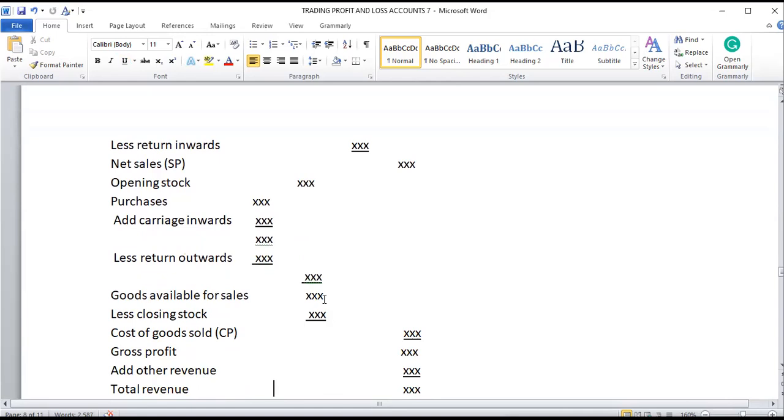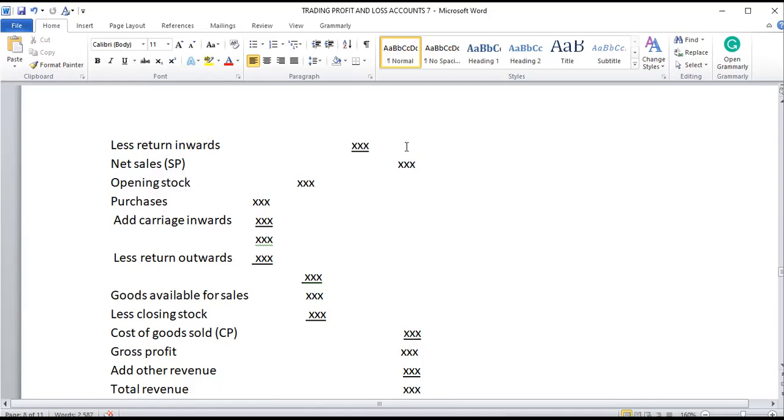Then after you arrive at your goods available for sale, you deduct your closing stock. The closing stock is the goods remaining at the end of the trading period. When you deduct it, you get your cost of goods sold. Then you take your net revenue and deduct your cost of goods sold, and you arrive at your gross profit.